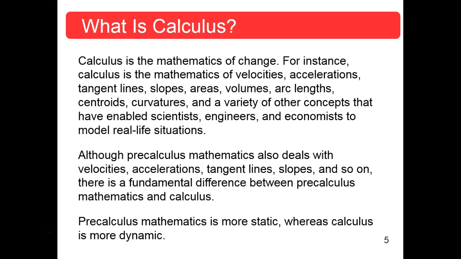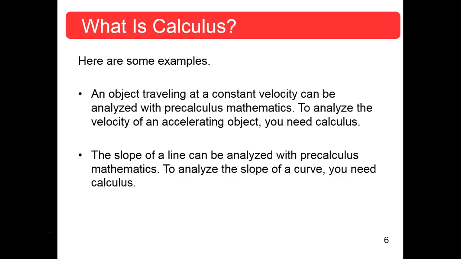Pre-calculus mathematics is more static. You talk about average velocity, average acceleration, slope of a single static tangent line. Okay? That type of thing. Whereas calculus, instantaneous. What is happening at any point on that curve. Can't do that with pre-calculus.